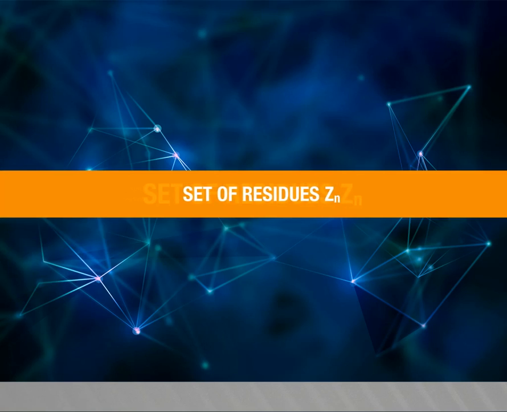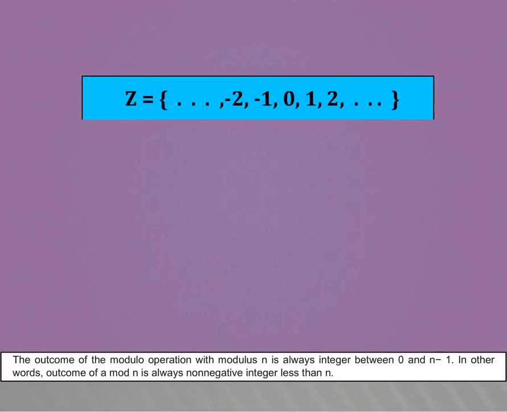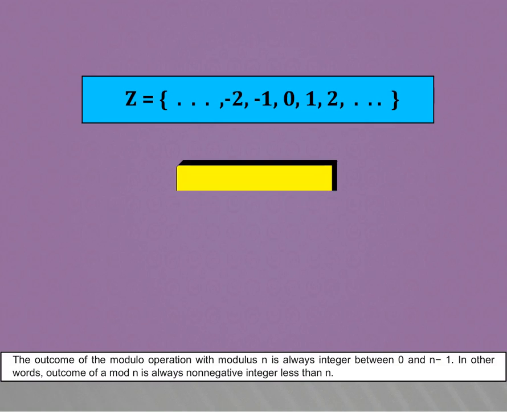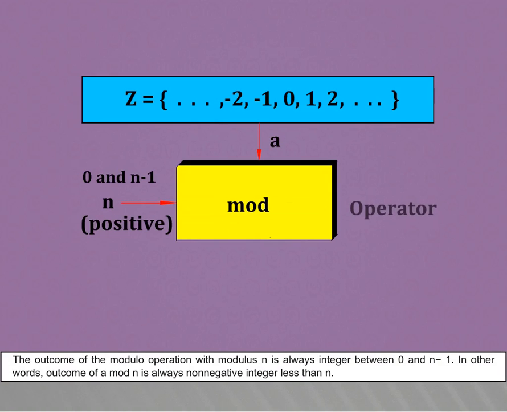Set of residues Zn. In this video, we are going to see about the set of residues Zn. The outcome of the modulo operation with modulus n is always an integer between 0 and n minus 1. In other words, the outcome of a mod n is always a non-negative integer less than n.